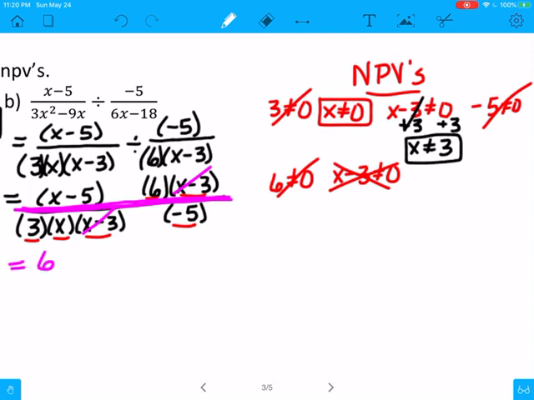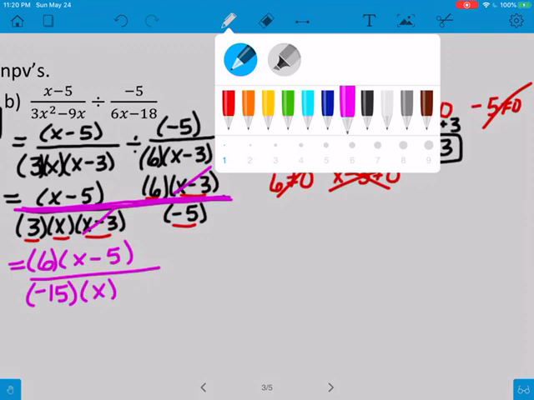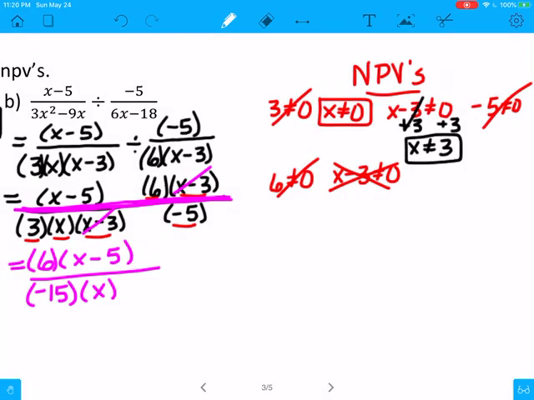So I have 6, x minus 5 in the numerator, over 3 times negative 5, so negative 15, because you multiply those numbers that are by themselves together if there's 2 of them without variables, and an x. And then I say, wait a second, 6 and negative 15, I can take a 3 out. If I take a 3 out of 6, 6 divided by 3 is 2.